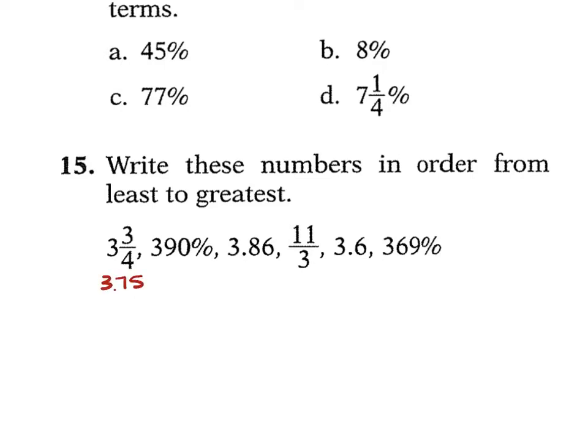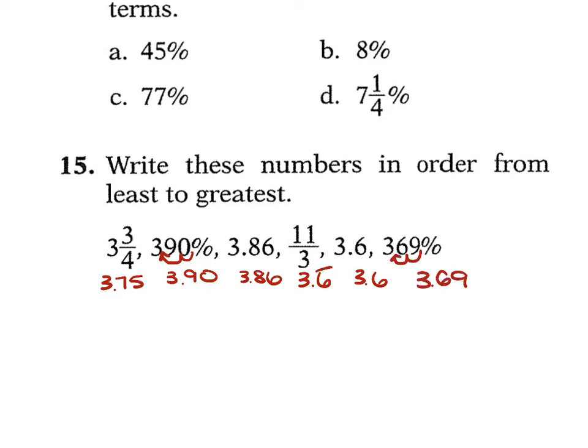The 390% is 3.9. Then we have the 3.86. The 11 over 3 is 3.6 repeating. Then we have 3.6 and 369%, which is just 3.69.